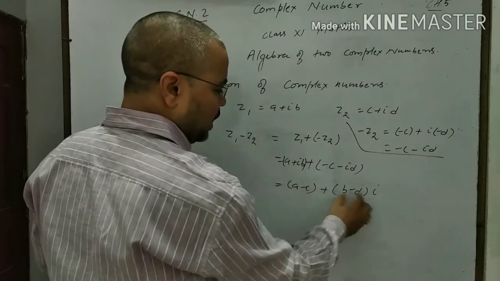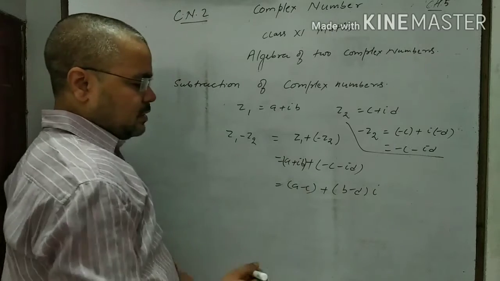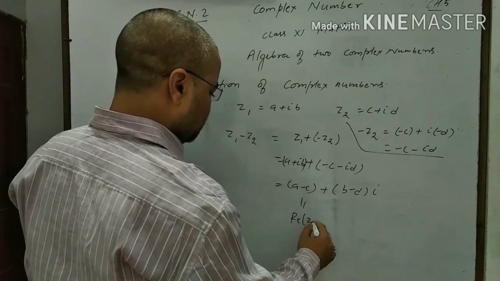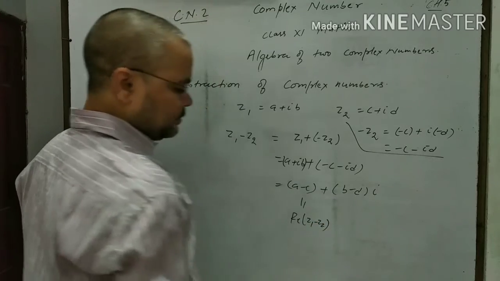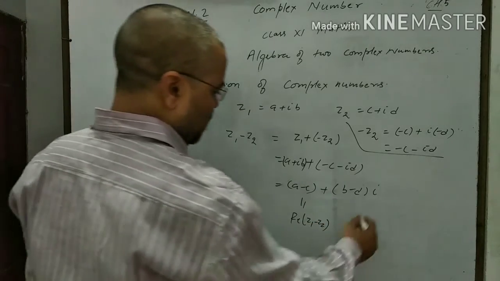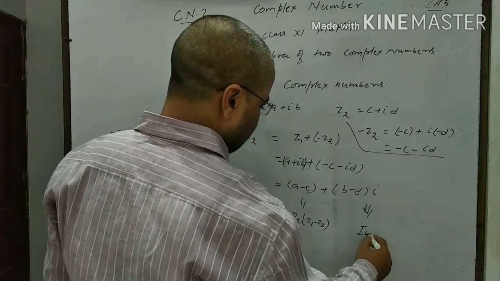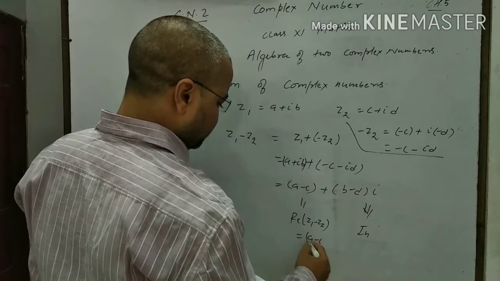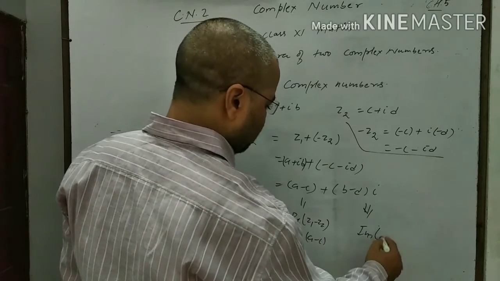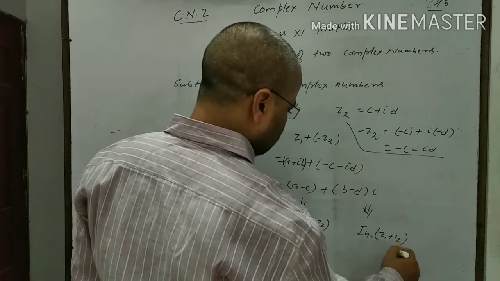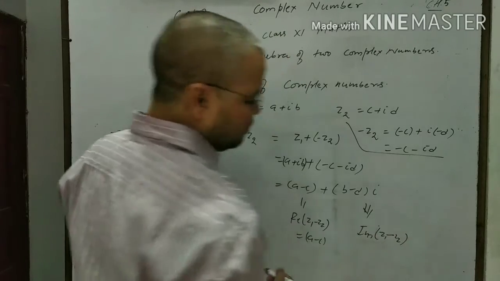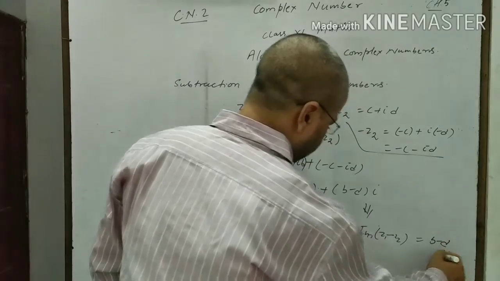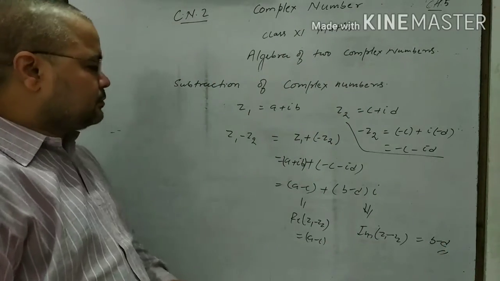We can write i on this side or this side, where this will be the real part of the Z1 minus Z2 complex number, and this will be the imaginary part. The real part of Z1 minus Z2 is a minus c, and the imaginary part of Z1 minus Z2 is b minus d.